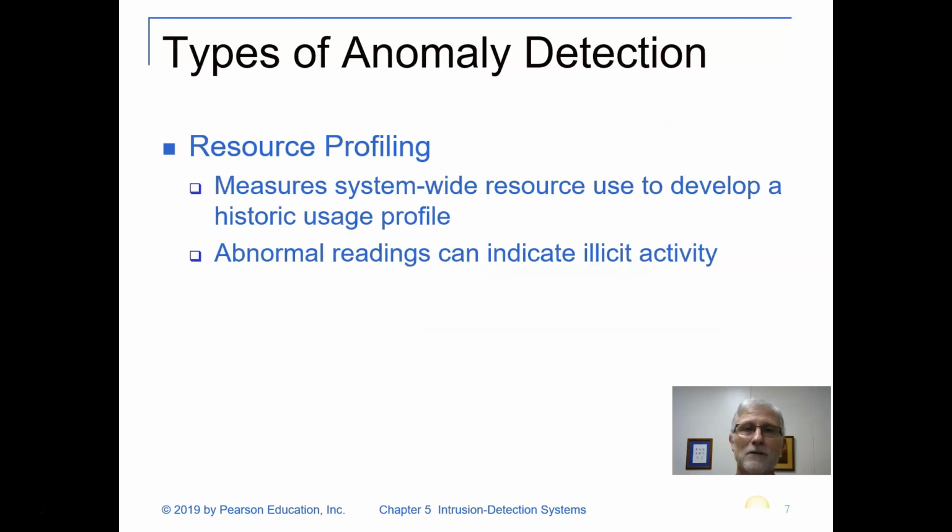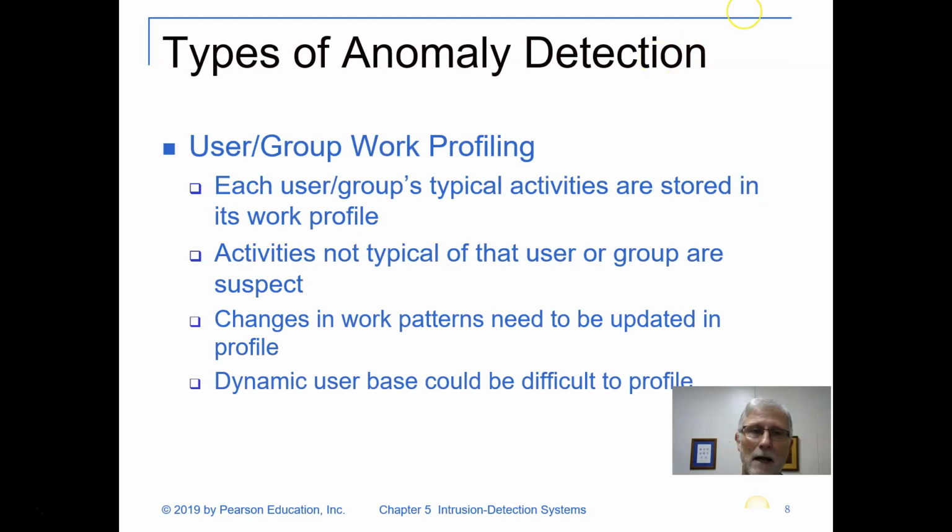Now, there are a couple of different types of anomaly detection. The other one is resource profiling, which measures system-wide resource use to develop that profile. Basically, it flags it if I'm suddenly using different resources, or too many resources. Then there's user work group profiling.